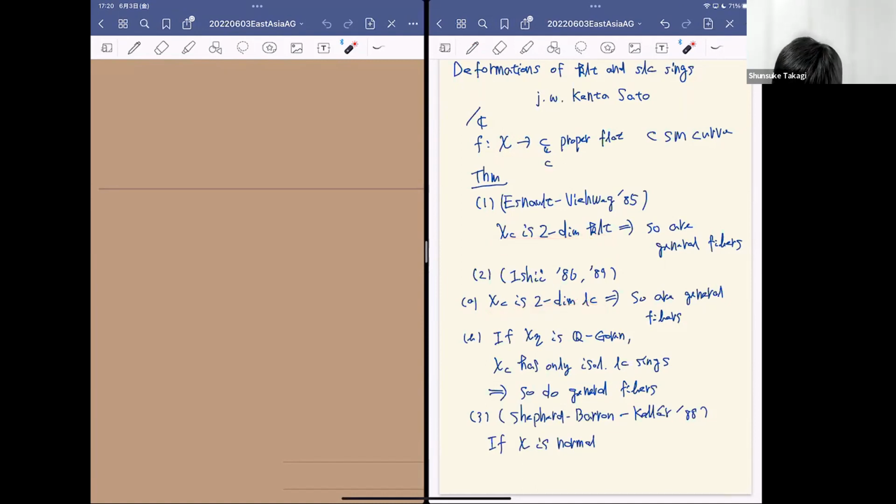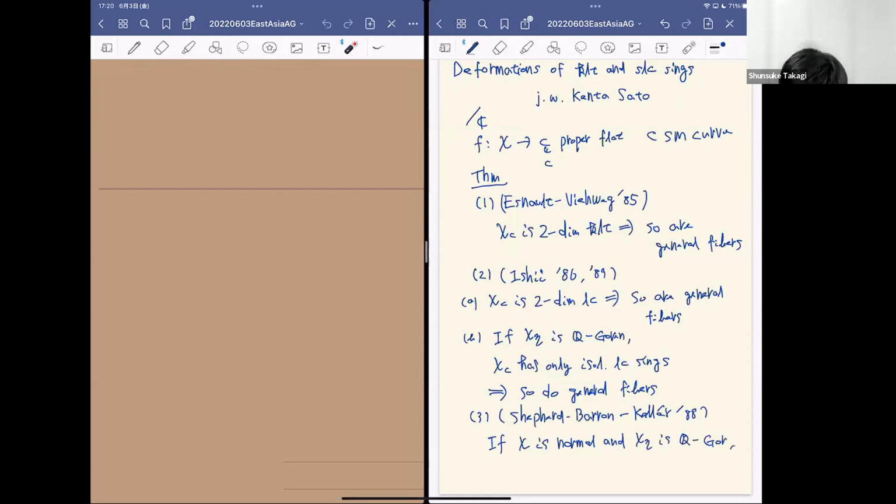But semi-log canonical is not normal, so let me assume the total space is normal in this case, and the generic fiber is Q-Gorenstein.